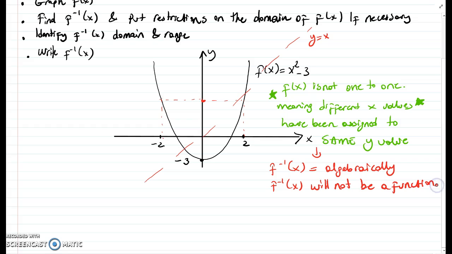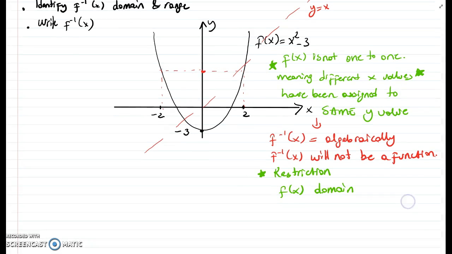Okay, so we definitely need a restriction. We need that restriction on f of x domain. And that restriction will reflect on f inverse of x range because of the definition of inverse function.